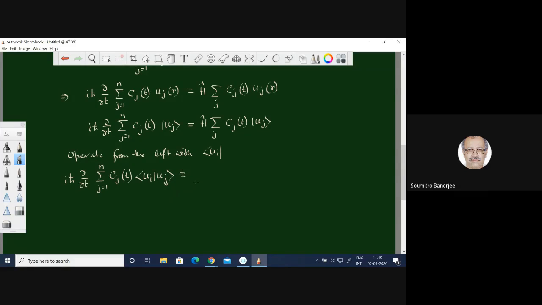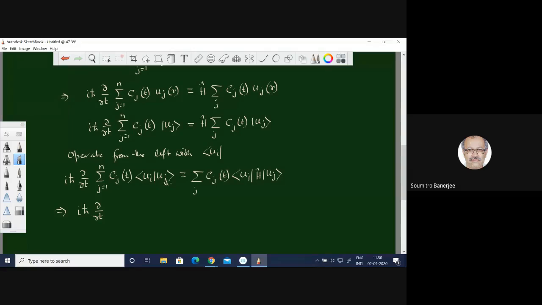And the right hand side becomes, the H will go to this side: sum over j of Cj(t), and this one is ui coming from the left, H operating on uj. Great. This is i h cross del t of what?